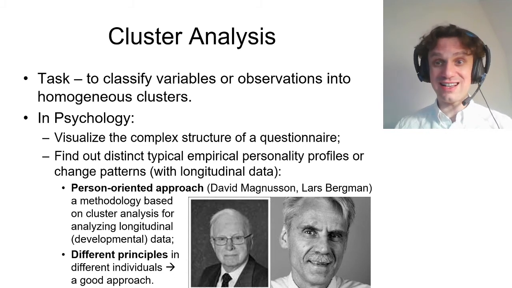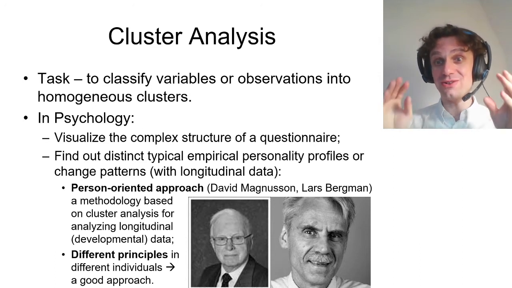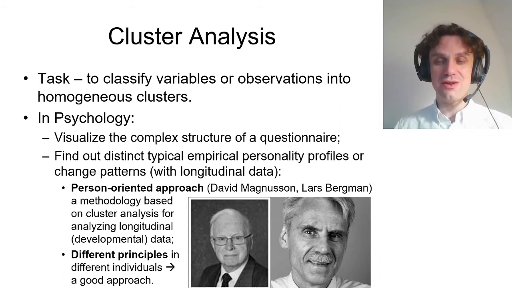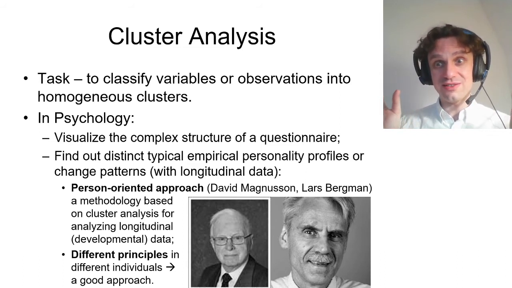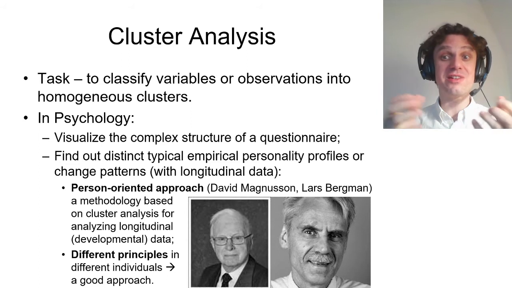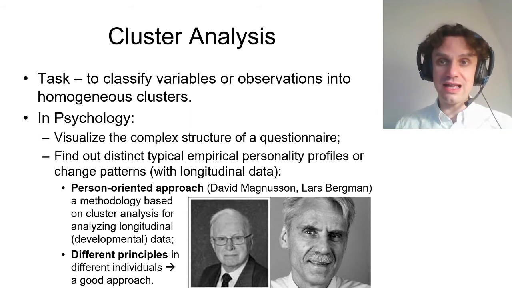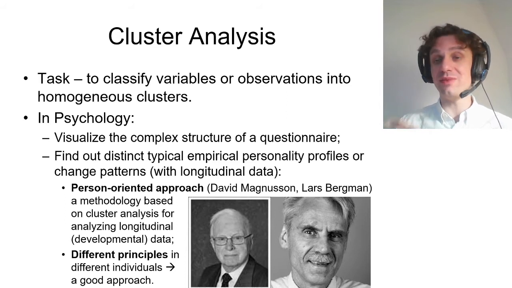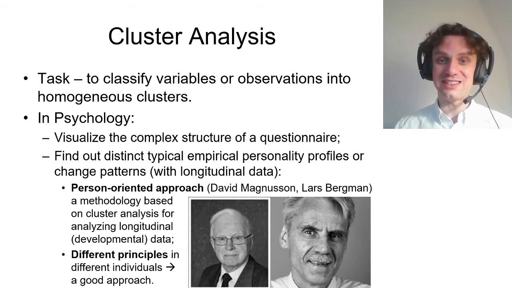Another very common task and very interesting task for psychology, we can classify individuals based on a bunch of scores on one or more questionnaires. We can try to classify individuals into groups with similar profiles. And then we can explore what is different about those individuals based on some other variables.